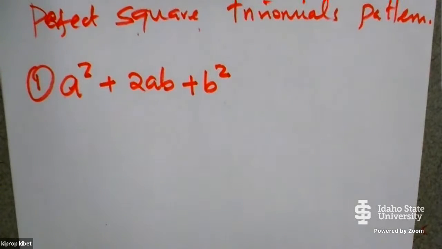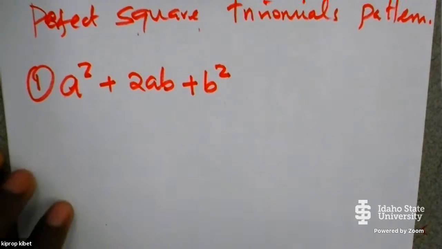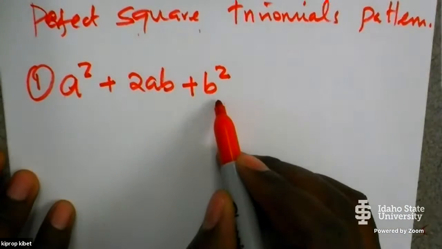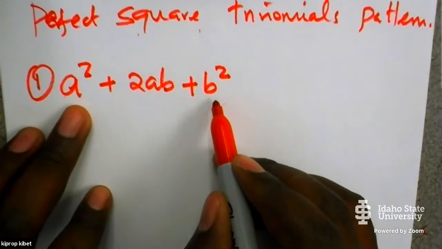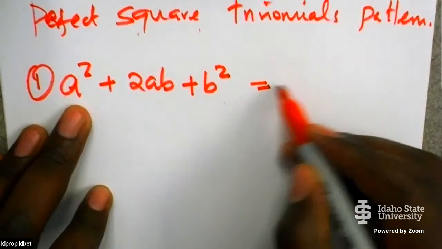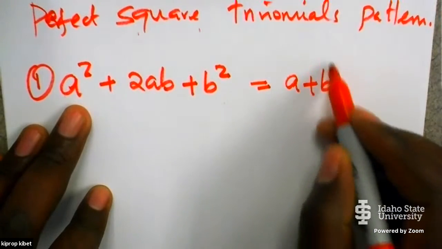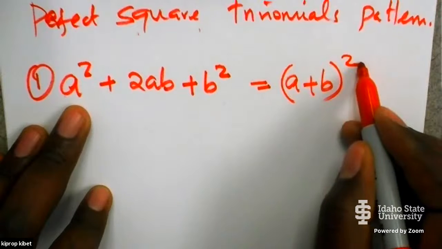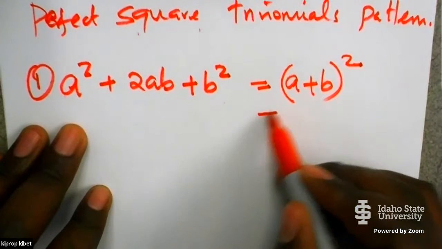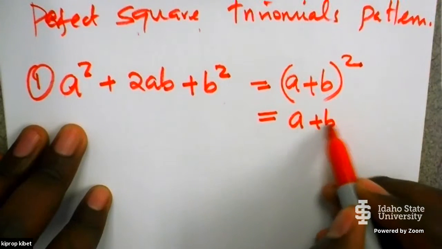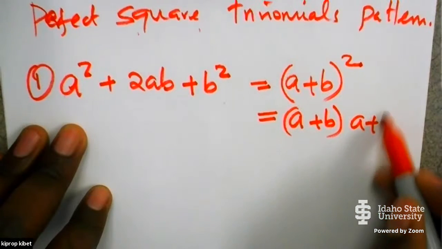The factors of this are, if we factorize this completely, then what do you get? You get a plus b square, or this is similar to a plus b, a plus b.